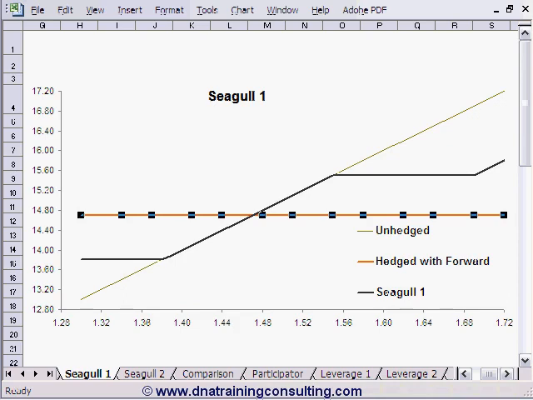The present combination is referred to as a seagull on account of its similarity in appearance to that seafaring bird. Note that under this particular combination of puts and calls, the seagull's wings are flapping upward.